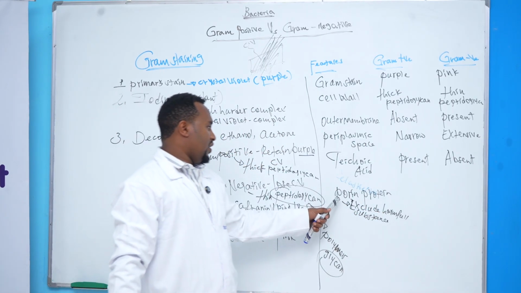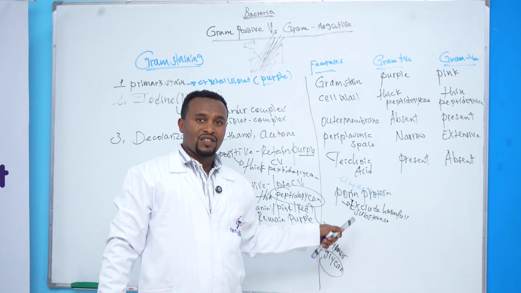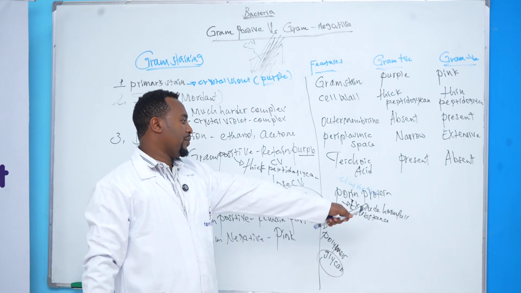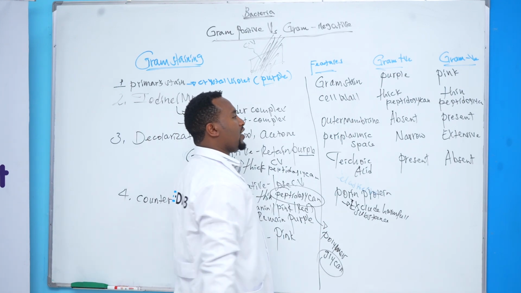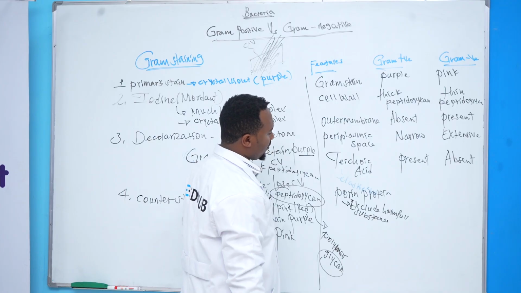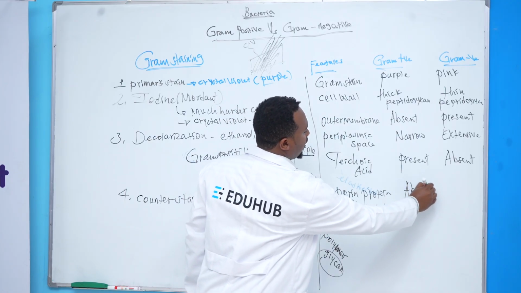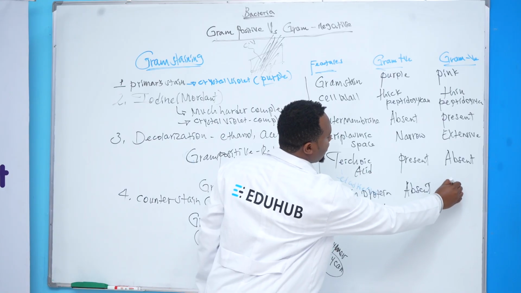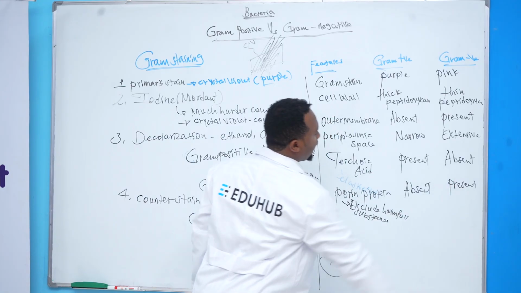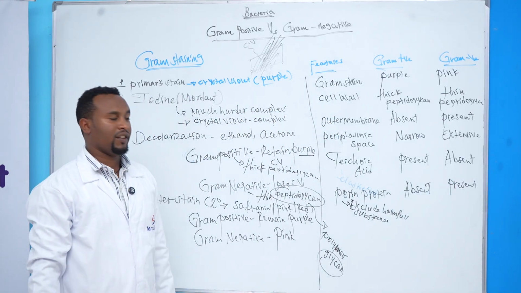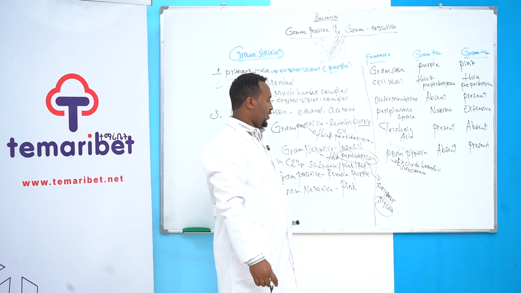So this is very important, making them resistant to the antibiotics, the porin proteins. So the porin protein in gram-positive is absent, and in gram-negative, it is present. So this is why gram-negative bacteria are very resistant to the antibiotics.